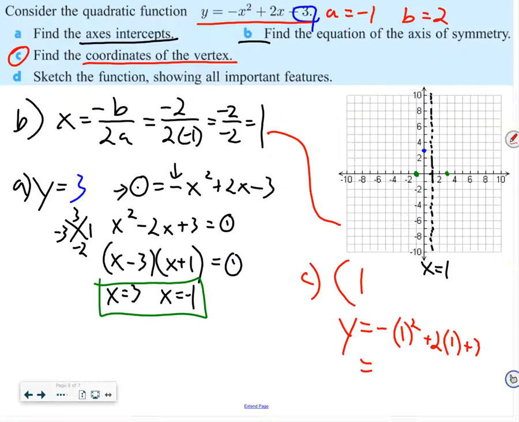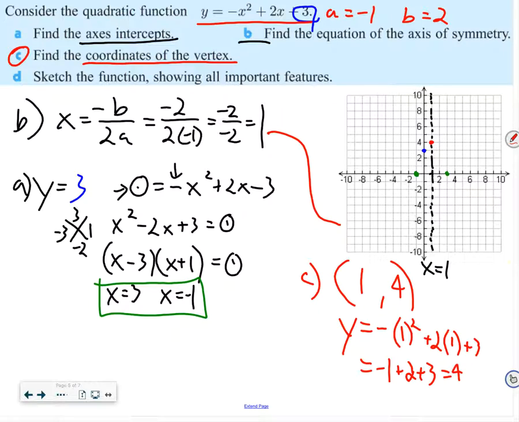Okay, so 1 squared is 1, but I got to make it opposite, so it's negative 1 plus 2 plus 3. So the positives add to 5, minus 1 is going to be 4. So that gives me the y coordinate of my vertex. So at 1, 4, I can see my vertex is going to be right there.